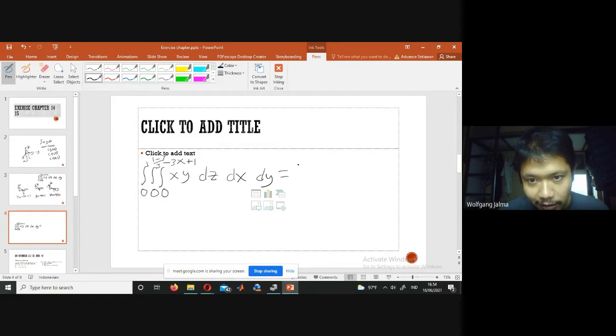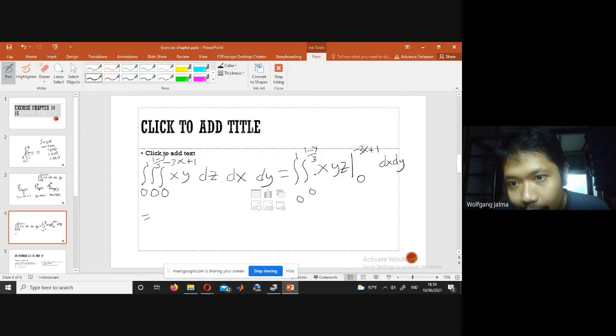There is no z here, so xy, z from 0 to minus 3x plus 1 dx dy, 0 to 1 minus y over 3. I don't think there will be a lot of problem, but let us check. We don't care about this.